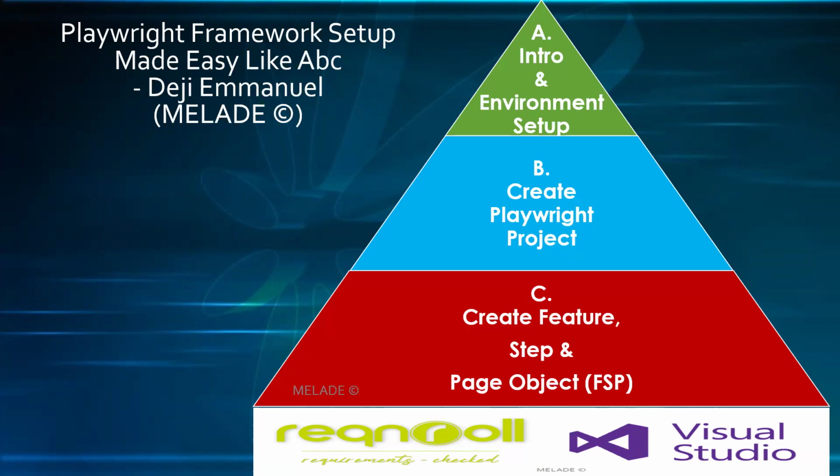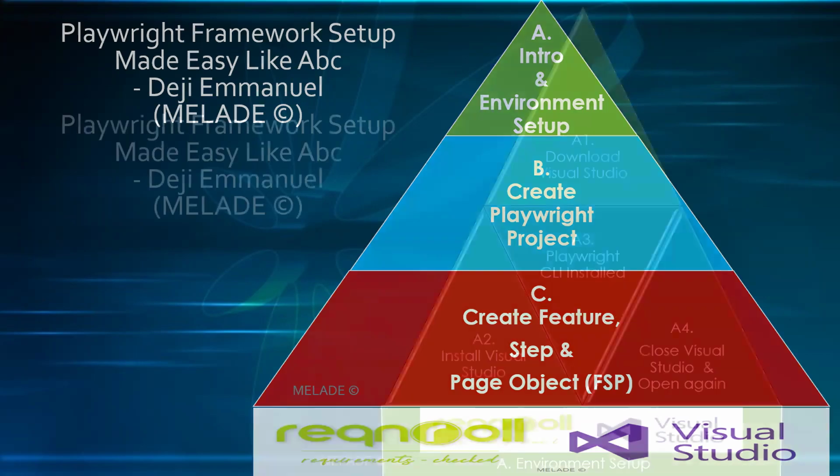On B, I'm going to talk about how to create Playwright projects. And step C, I'm going to talk about creating the feature steps and page objects. That is the approach, right? So these three ABC approaches will get us to where we are going. That is my copyrighted framework steps that we are going to be using.